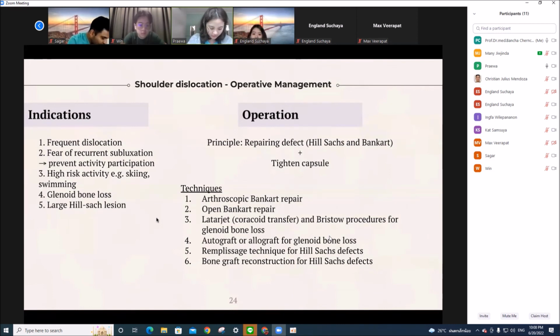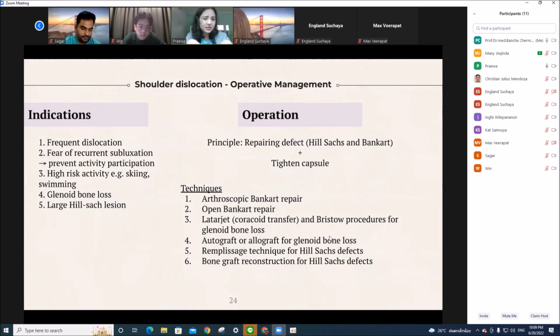Next we're going to talk about when we should do the operation. The indications include frequent dislocation or fear of recurrent subluxation, patients who have to perform high-risk activities such as athletes, and glenoid bone loss and also the Hill-Sachs lesion.